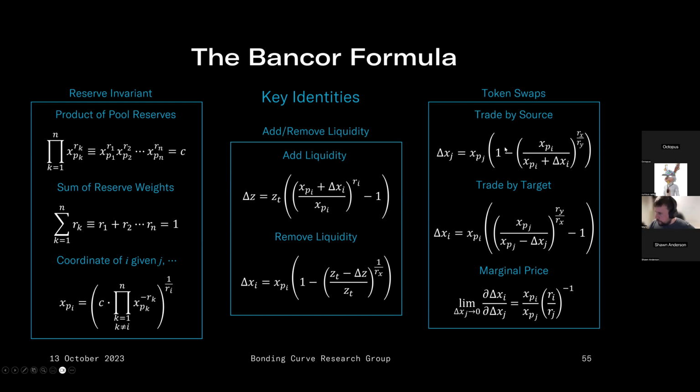So again, if you need to categorize these ideas in your head, just remember that you can deal exclusively with the reserve invariant, meaning the way that the liquidity is constructed inside the pool. You can have a look at the way that the liquidity pool token interacts with the user who is providing or removing liquidity from that pool.